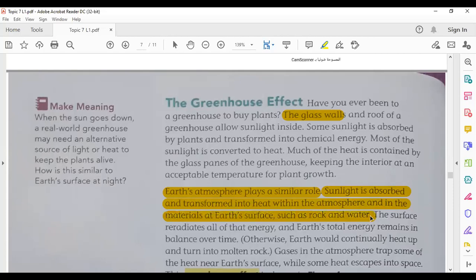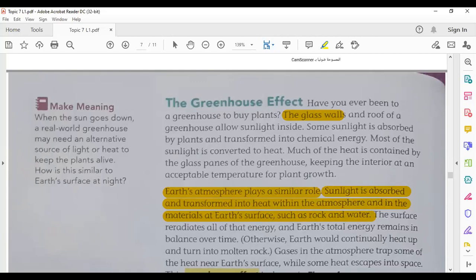It absorbs energy and transforms it into heat, which makes the temperature on Earth acceptable.